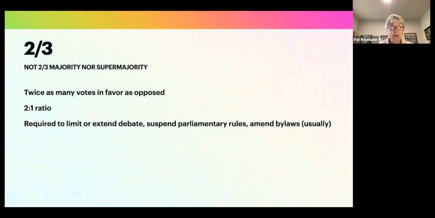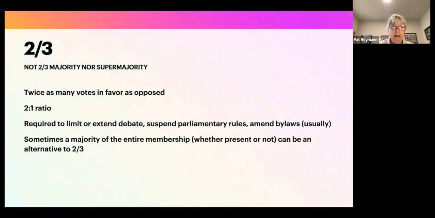That's when two-thirds shows up. Sometimes a motion will require, or have as an alternative to two-thirds, a majority of the entire membership. Now that includes the people who are not present as well. And that can be an alternative to two-thirds depending on the situation.